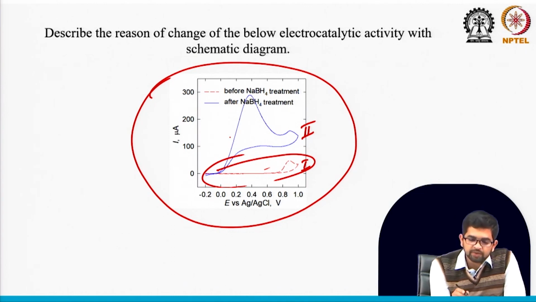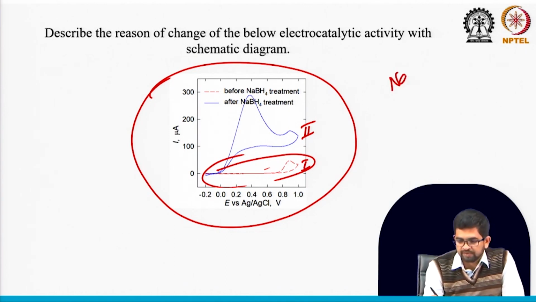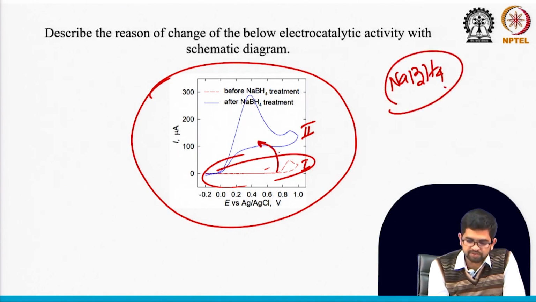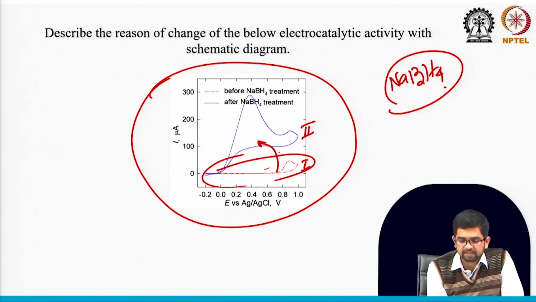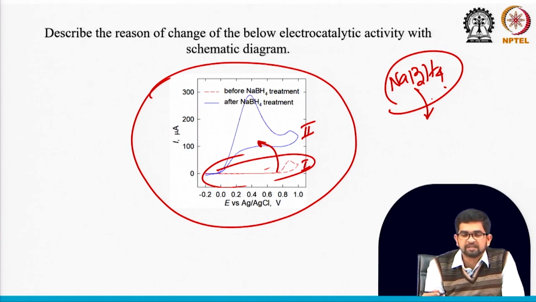Here we mainly discussed the sodium borohydride treatment, but this cyclic voltammetry change is very generic. Sodium borohydride, as I told you, can increase the surface electrocatalytic activity, right?